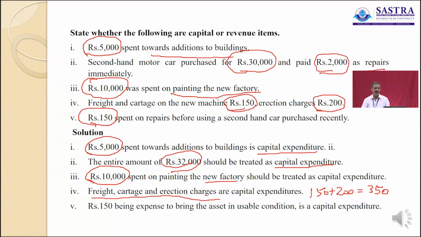Rupees 150 spent on repairs before using the second-hand car purchased recently, being an expense to bring the asset into usable condition, is also to be treated as upkeeping expenditure or capital expenditure.